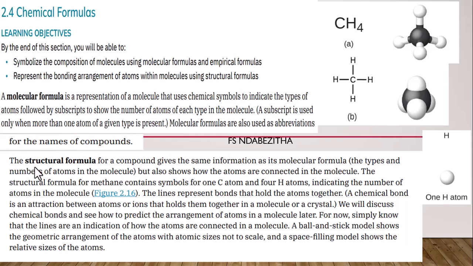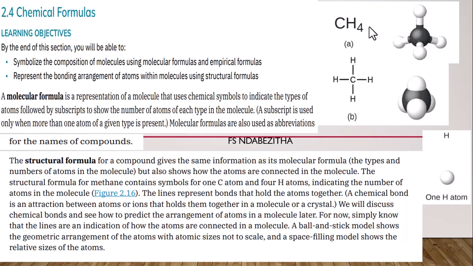Because we said the structural formula for a compound, so this is a compound, gives the same information as its molecular formula. So this is a structural formula that we are looking at, but it also gives you the detailed information of its molecular formula. This is very important because this is the molecular formula CH4.